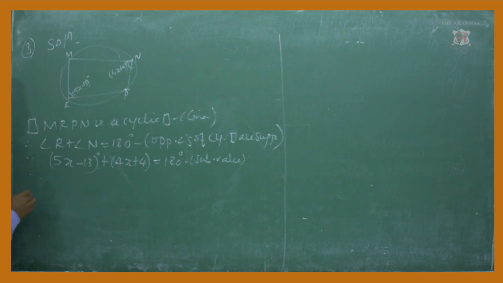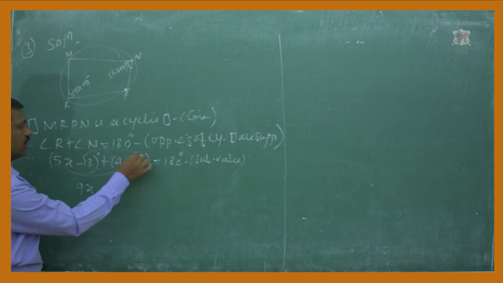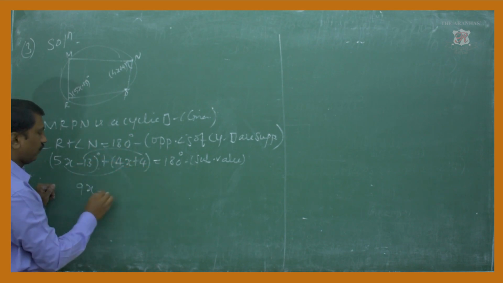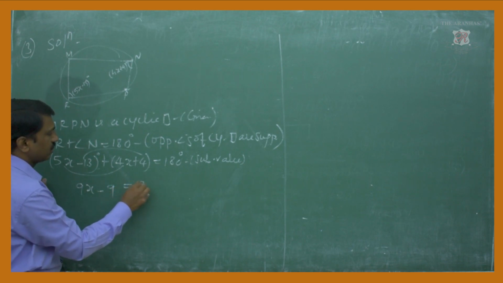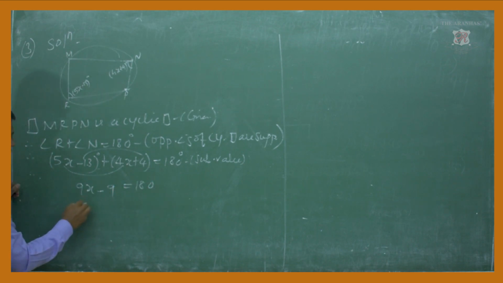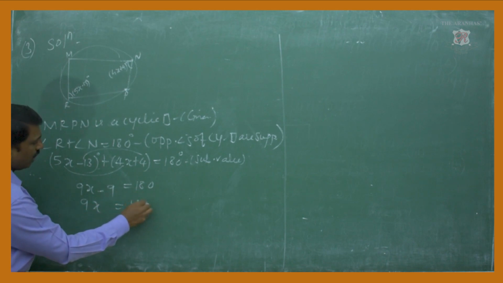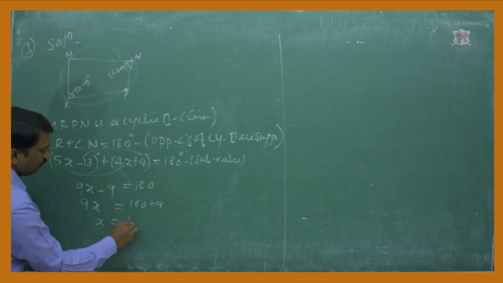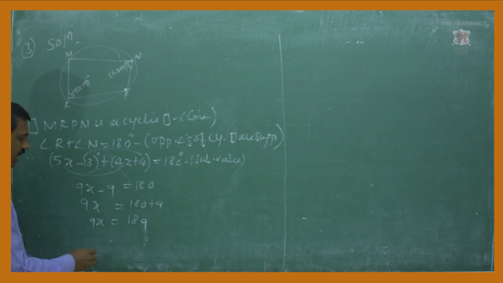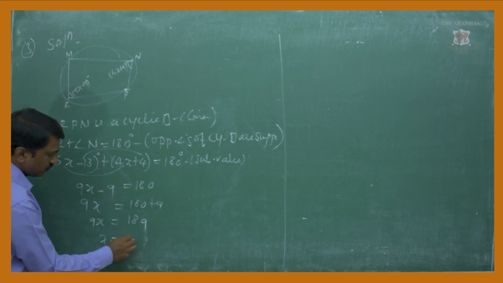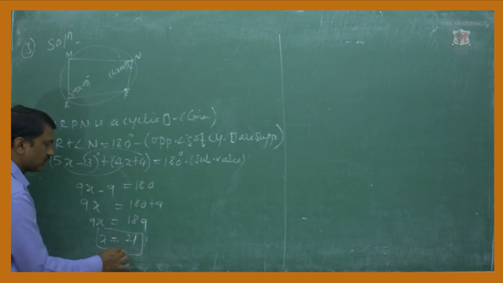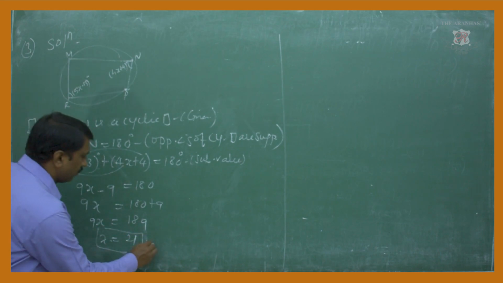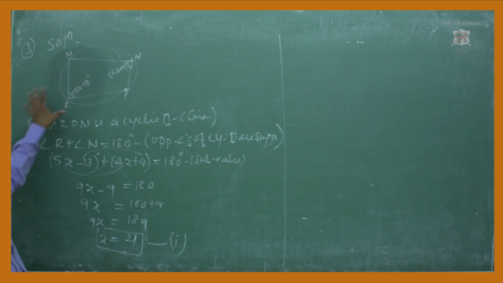This is an equation in one variable. 5 plus 4 is 9x, and minus 13 plus 4 is minus 9, equals 180. So 9x equals 180 plus 9, which is 189. So x equals 189 divided by 9. 9 twos are 18, 9 ones are 9. So x equals 21. We write this as statement number 1, finding the variable's value.